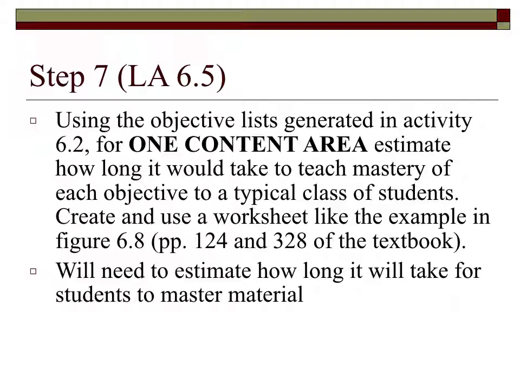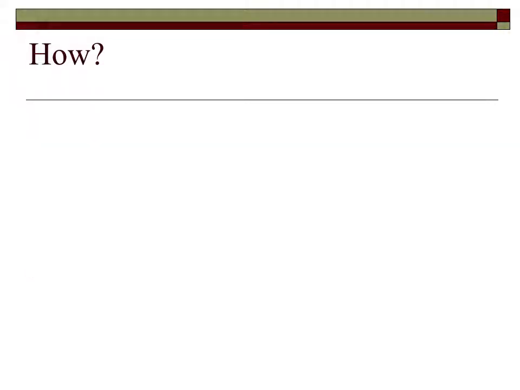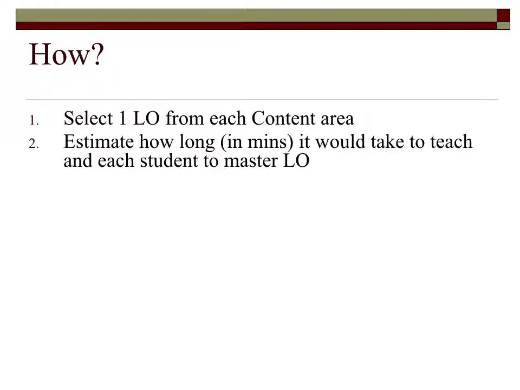So let's talk about how we do this. You're going to select one learning objective for each of the content areas that you developed earlier. It doesn't matter which one, you can pick whatever learning objective you want, but each content area needs to be represented.